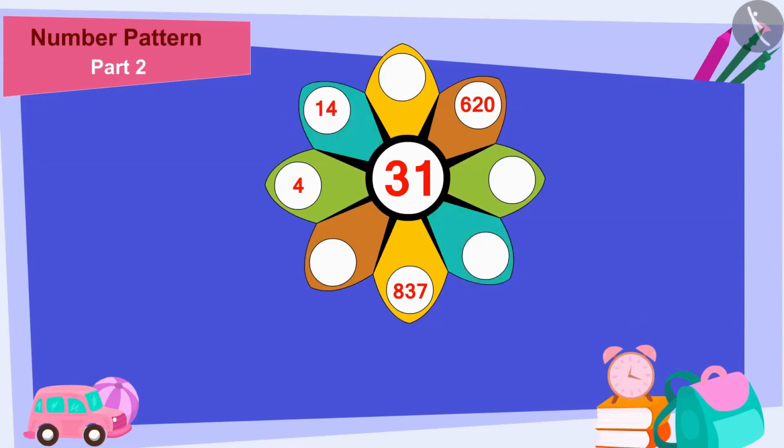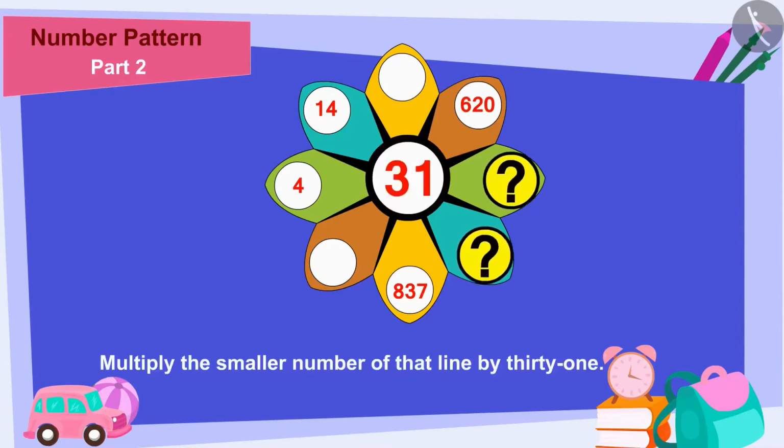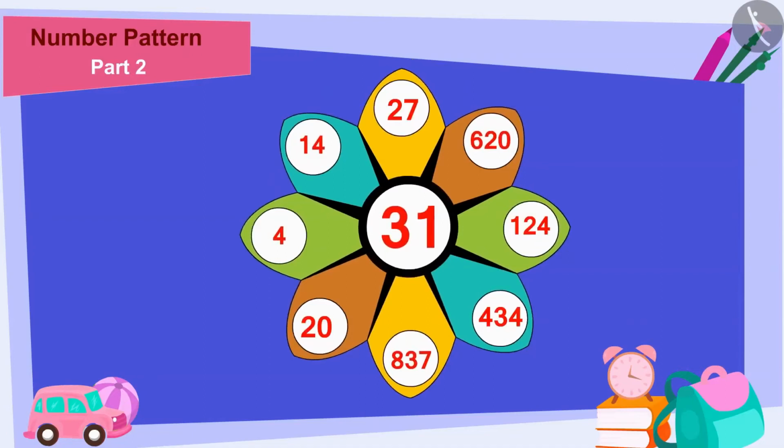To find the smaller number for each line, we have to divide the larger number of that line by 31. And to find the larger number, multiply the smaller number of that line by 31. In this way, we can fill all the blanks.